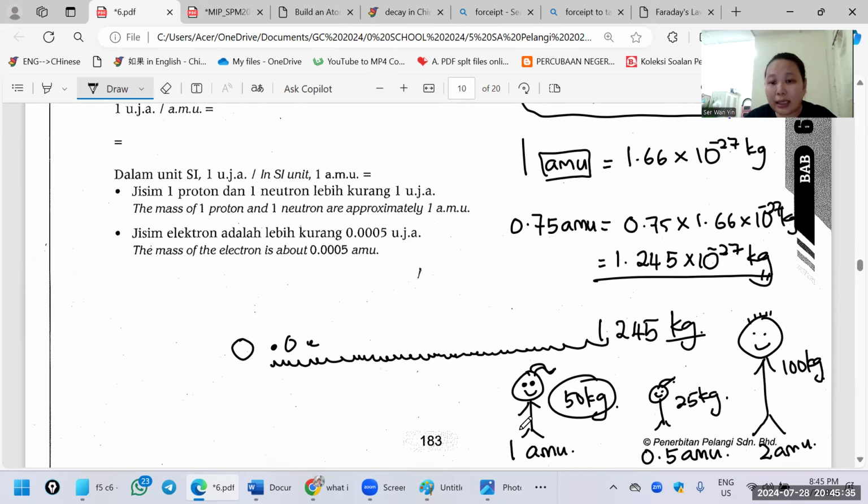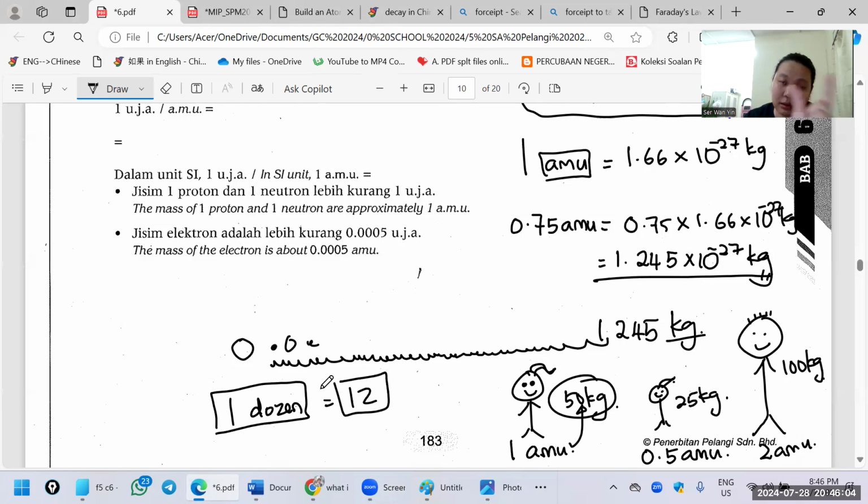So once you get the AMU, then you change back to kg. It's this concept. You can say AMU represents the ratio, like 1 dozen is 12. So a number represents a number.